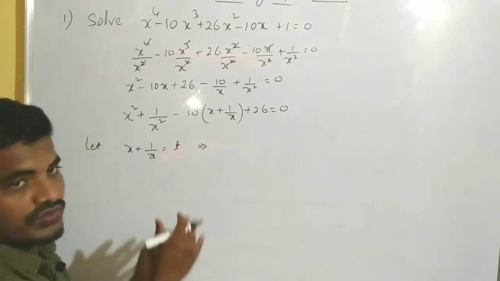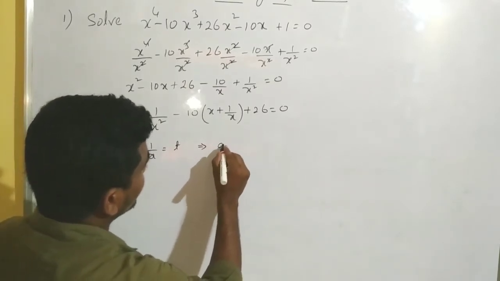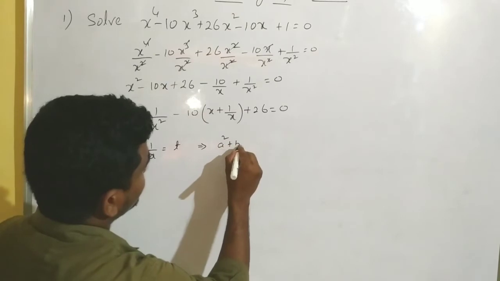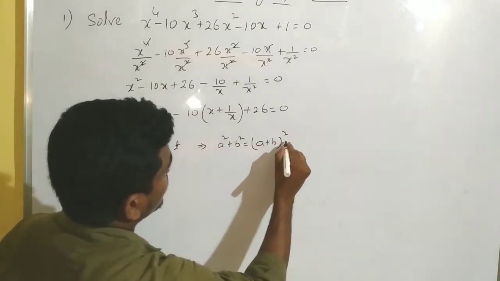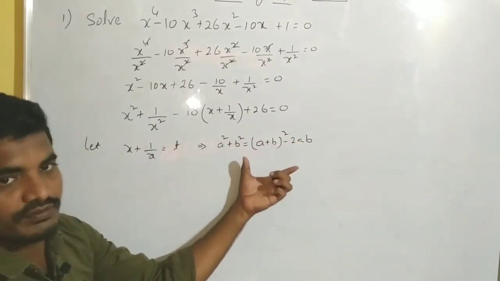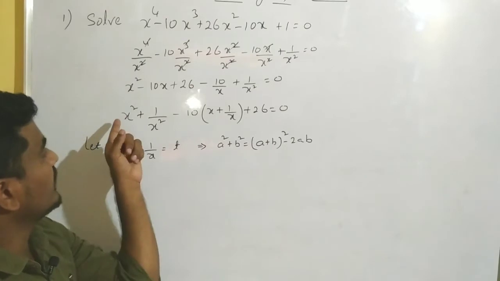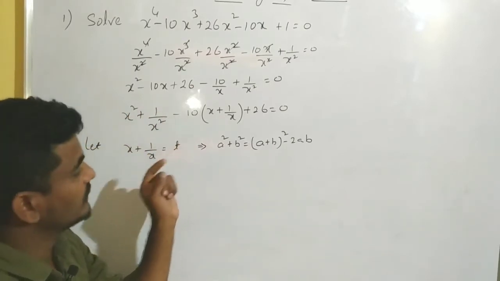When you square on both sides, or else we have a formula, a square plus b square equals a plus b whole square minus 2ab. This formula I am going to substitute to get the value of x square plus 1 by x square. It is like a square plus b square.